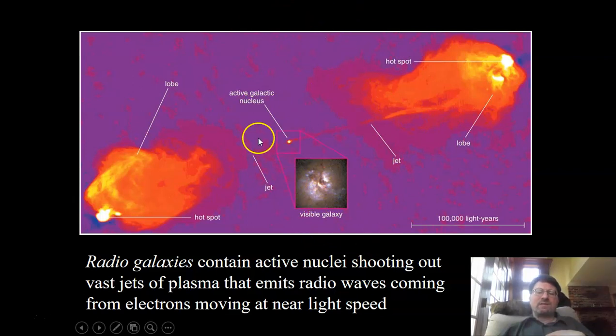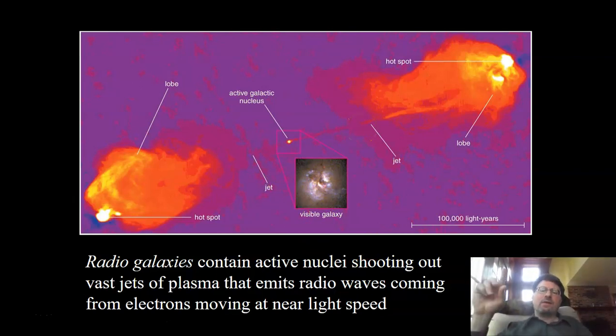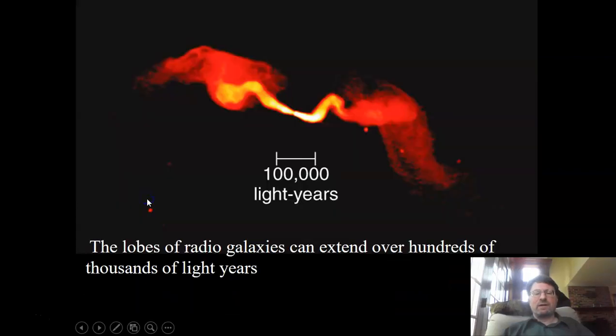And so what we end up seeing is not right down very easily to the very center, but what we do see is these jets of material shooting off, and they're called radio galaxies because charged particles will circulate around the magnetic field lines associated with these jets, and those circulations are accelerating charged particles at frequencies in the radio. And so here are some hot spots at the end of this particular radio galaxy.